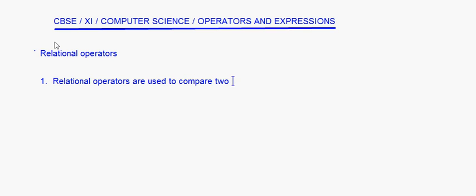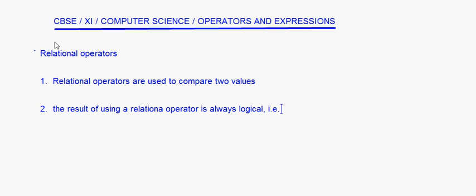to compare two values, and the result of the relational operators is always logical, that is either true or false, right? The result of using a relational operator is always logical, that is either true or false.